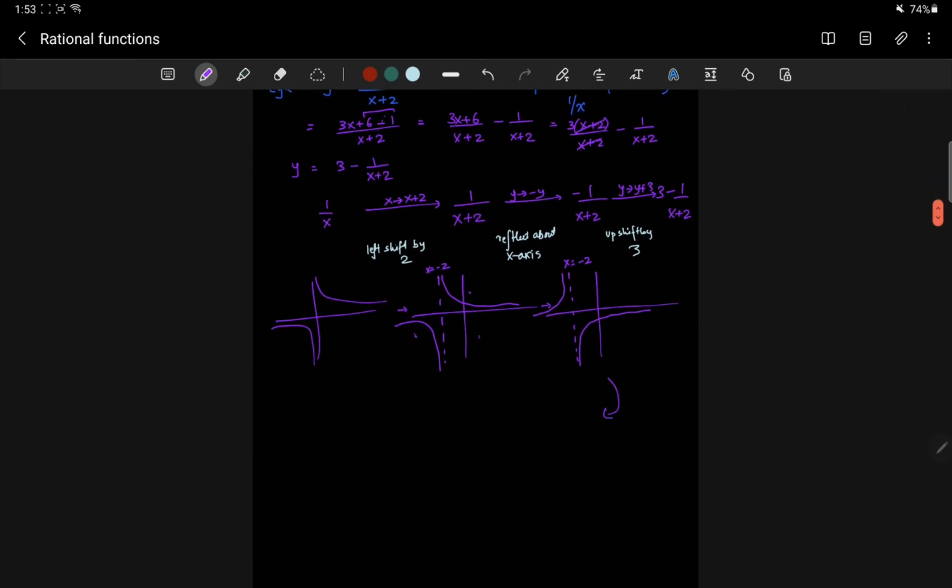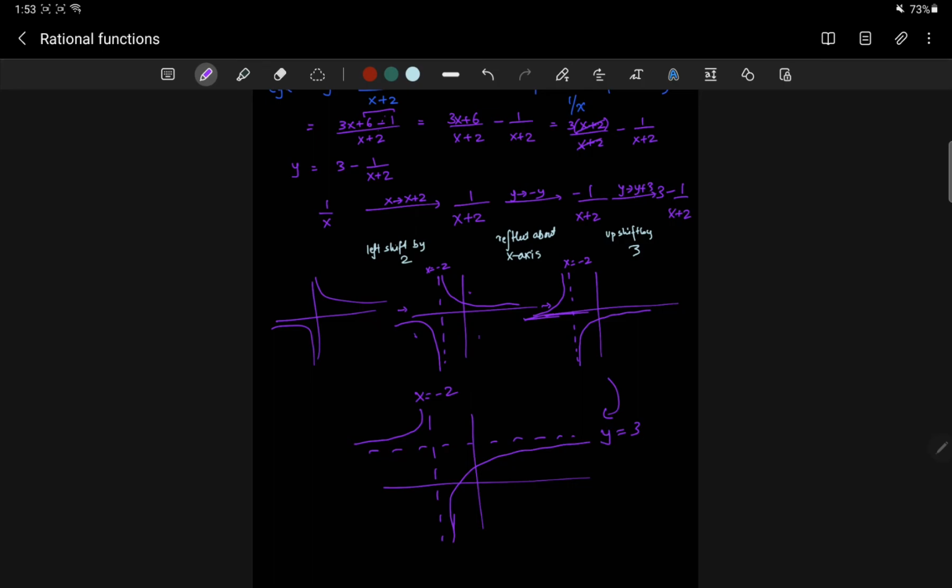And then lastly, upshift by 3. Again, that's not going to affect where the vertical asymptote is. I'm shifting everything up by 3, so this point, which is 0, is now going to be at 3. So this is going to be y equals 3, and it's going to intersect somewhere, and it's going to approach y equals 3.